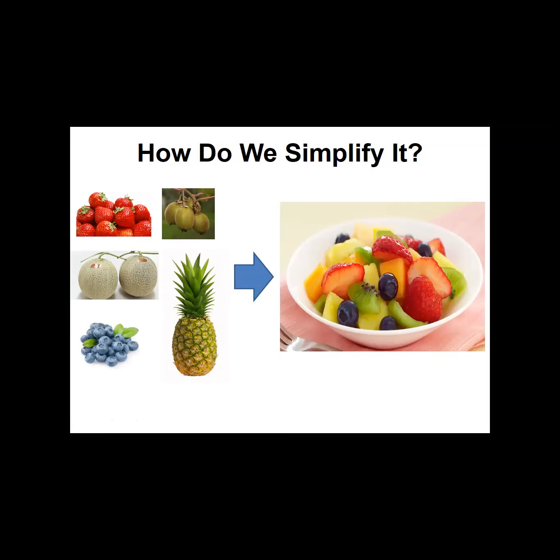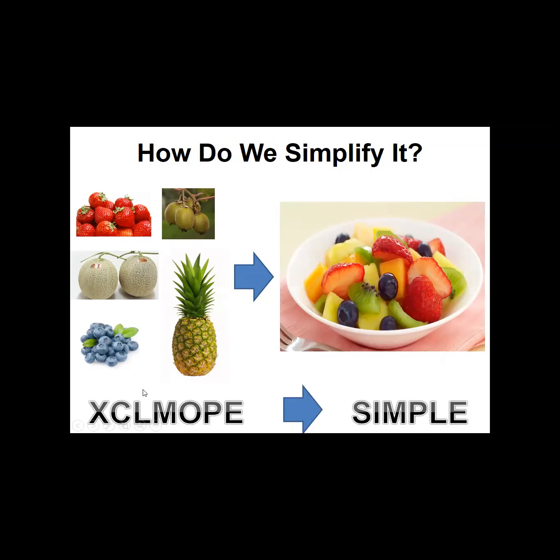Our goal is to make this fruit here as enticing as the one we have here. So we have a complex idea, and our main goal is to simplify it. By teaching it in a simple way, the students will have a much easier way to understand the given concept.